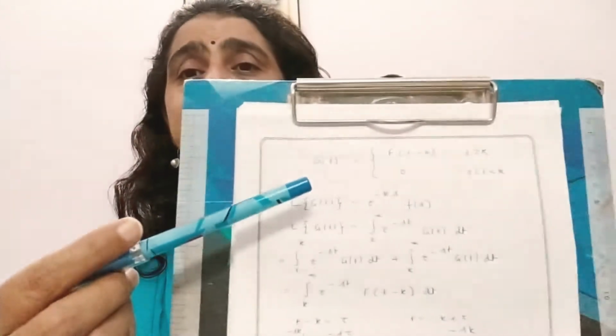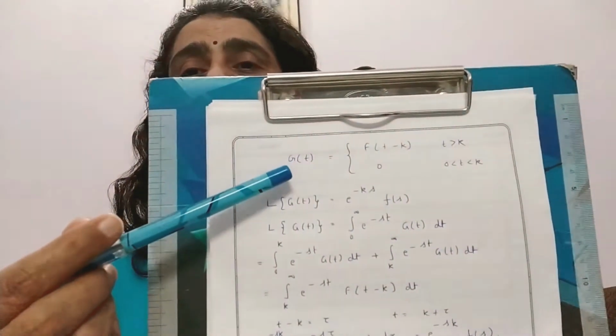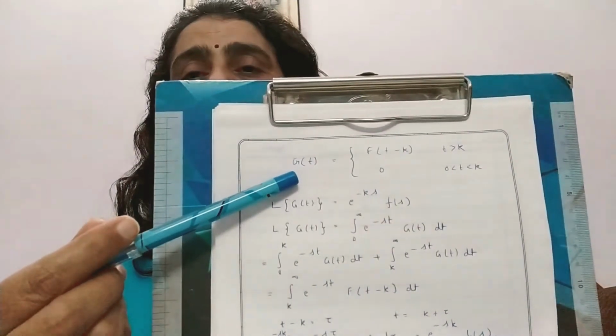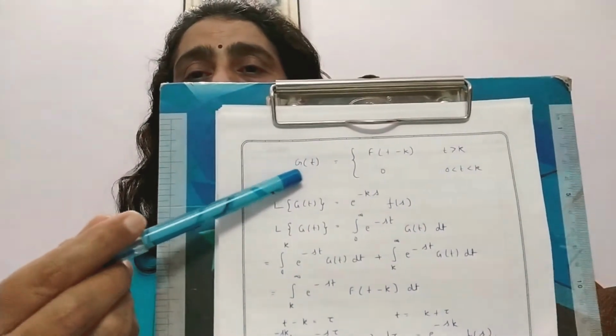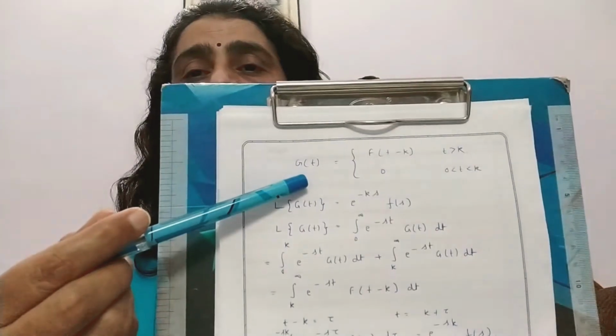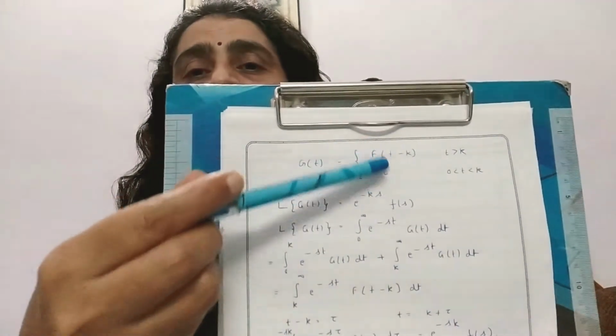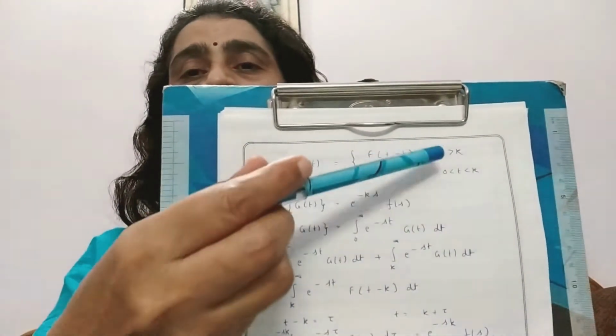So we can compare this function with this value. The function will be like this, with two values under two conditions.